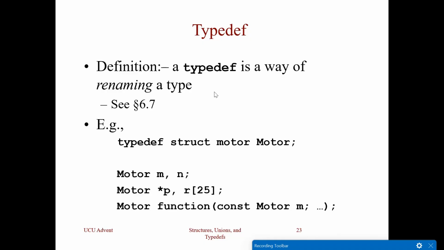But if we have a structure already created called motor, we can change the type by calling it motor. So we can have motor mn, and motor which is a pointer and an array, and we can have motor as a function in that aspect.